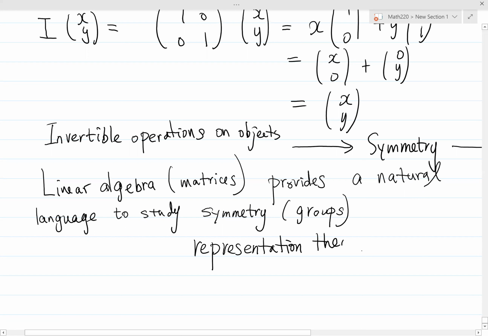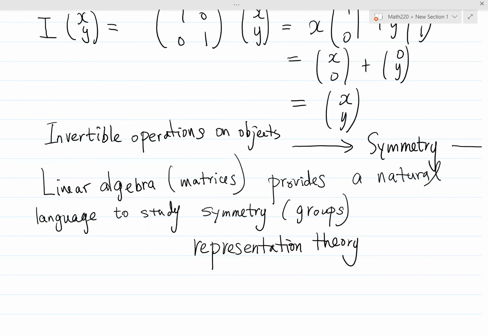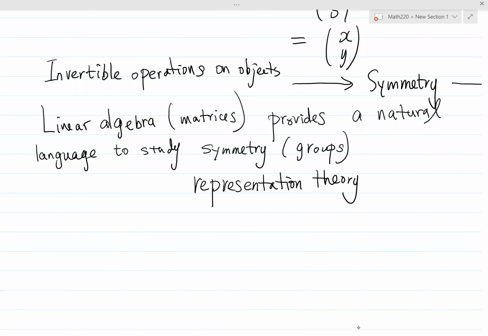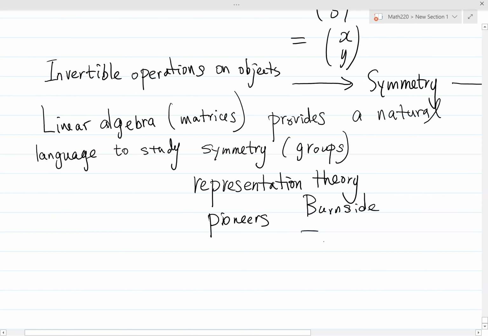This representation theory was developed at the beginning of the 20th century by the pioneers of this field. The pioneers are Burnside from the United States and Frobenius from Germany.